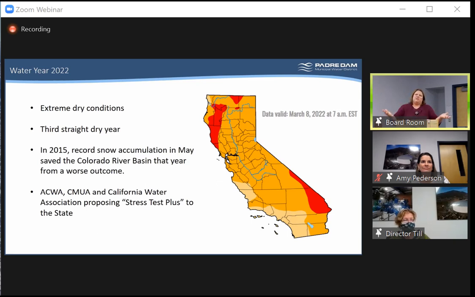So that's just to say, it's highly unlikely that we will see a lot of change between now and the end of the water year, but we have seen more bizarre things happen. And so we'll see what happens over the next couple of months.